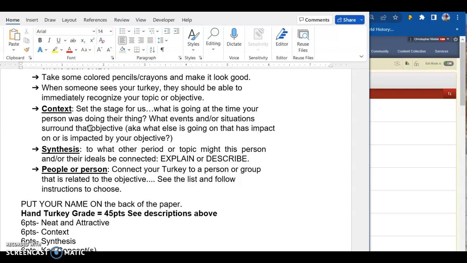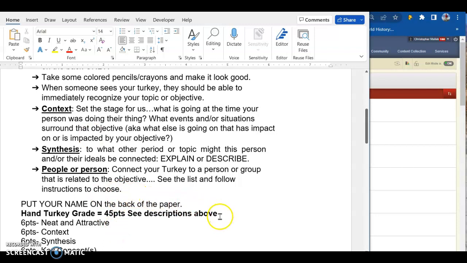Remember, that's what context is. Setting the bigger picture for the little story that you're going to tell with your turkey. Okay, remember Star Wars. They set the bigger picture of the galactic empire being challenged by the Rebel Alliance. And then they go to the smaller picture of on this one ship them fighting. Make it understandable. Again, we'll talk more tomorrow.